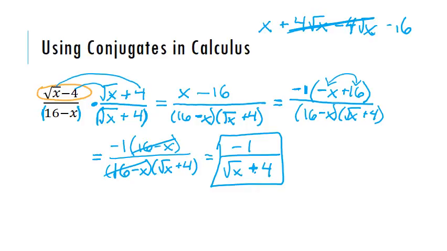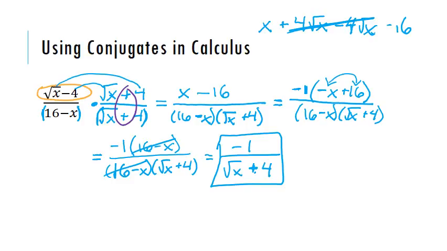So to recap, here's what we did. We took whichever term here circled in yellow, the root x minus 4, basically whichever part of the fraction had a radical, and we multiplied top and bottom by the conjugate of that radical expression. So because it was root x minus 4, we multiplied top and bottom by root x plus 4.